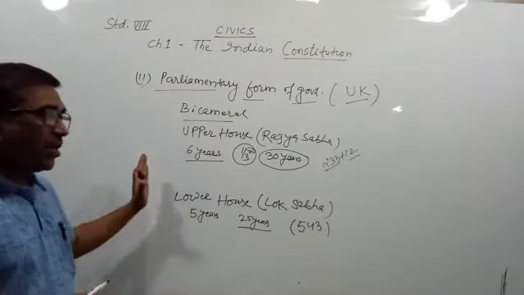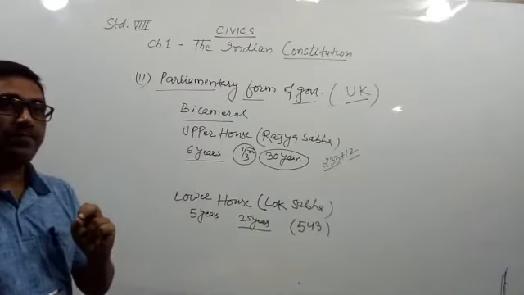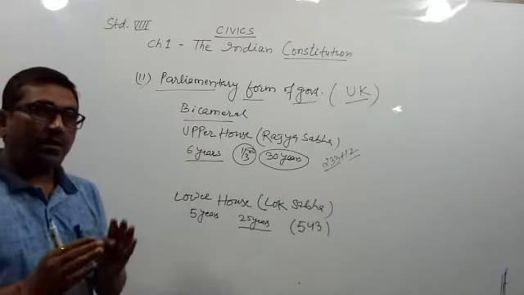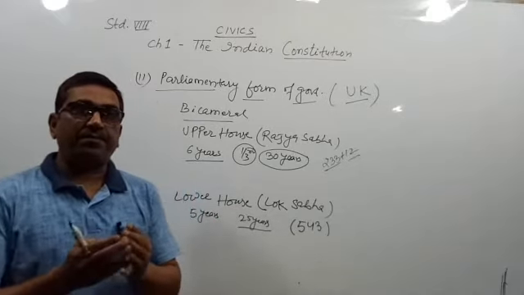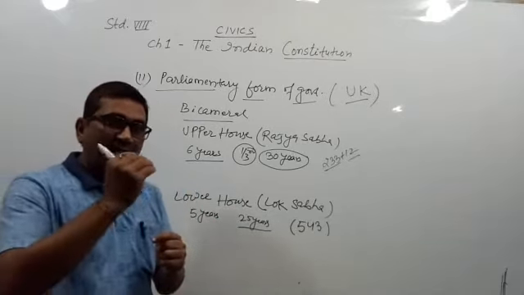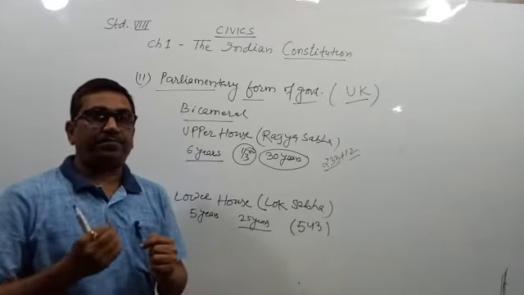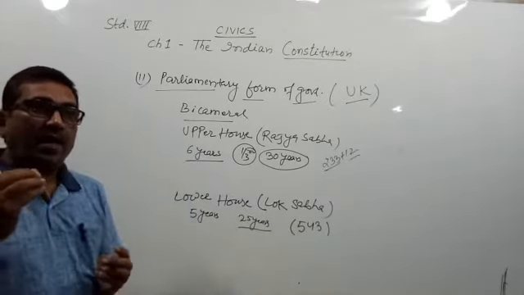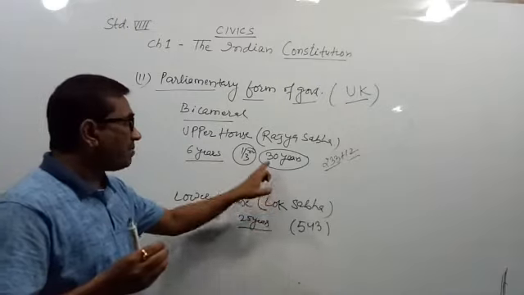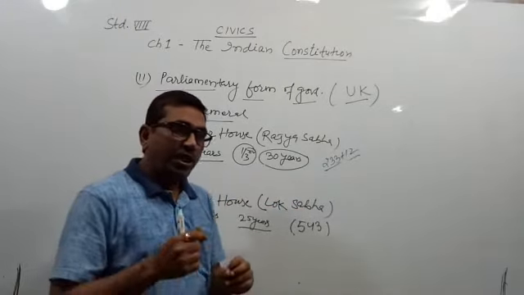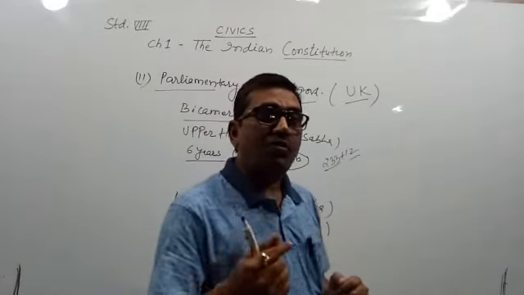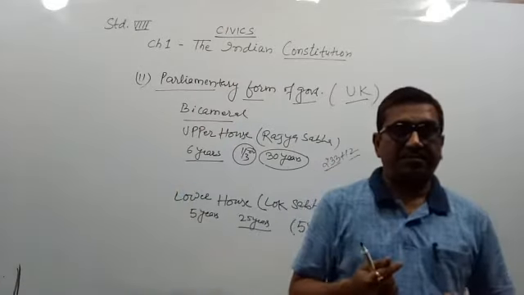In the parliamentary form of government, one thing has been divided: legislative and executive. Legislative are the elected members, and executive is the council of ministers.